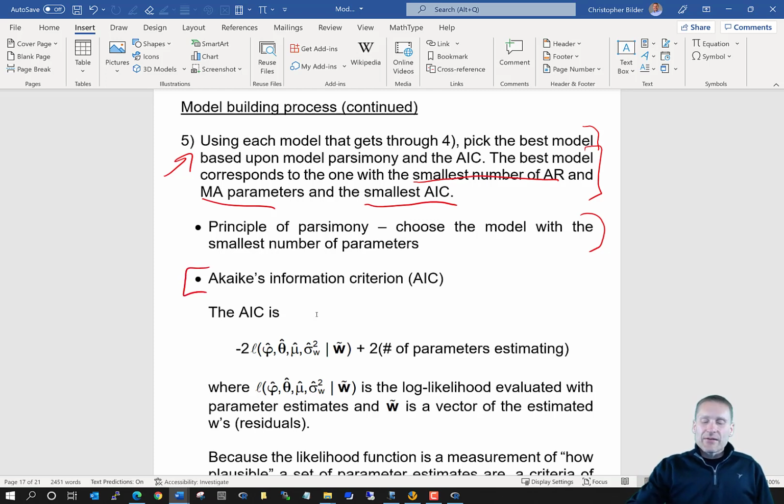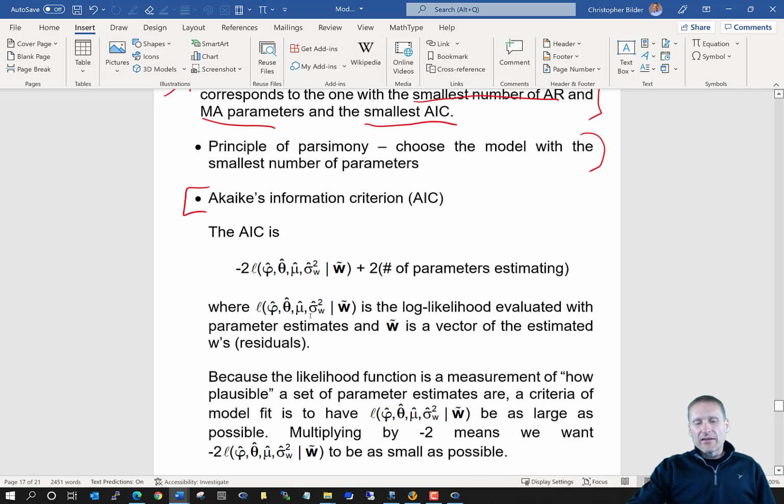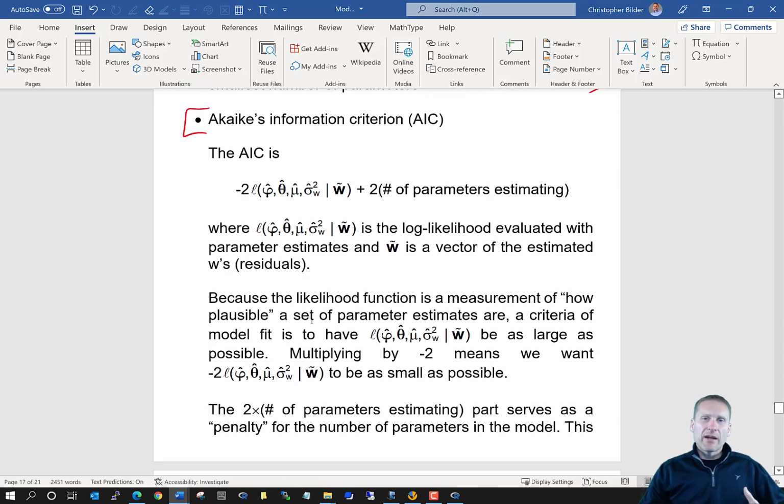Also, the Akaike's information criterion is a common tool used to evaluate how well this model is doing. And I understand that maybe some of you have not seen it before, so I'm going to give a brief introduction to what Akaike's information criterion is, or AIC for short. In the end, to have in the back of your mind, the model with the smallest AIC is the best model, according to this particular criterion.